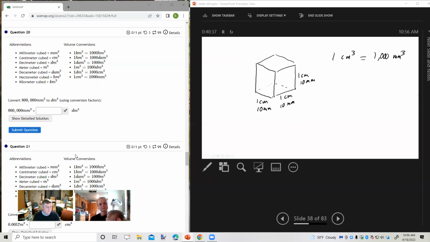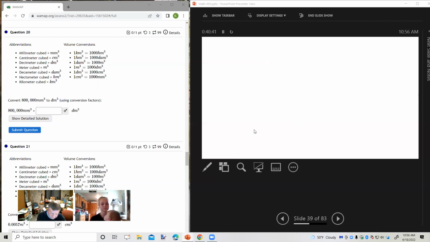Okay. So let's take a look at number 20, or again, something similar. Let's convert 750,000 cubic millimeters to cubic decimeters.